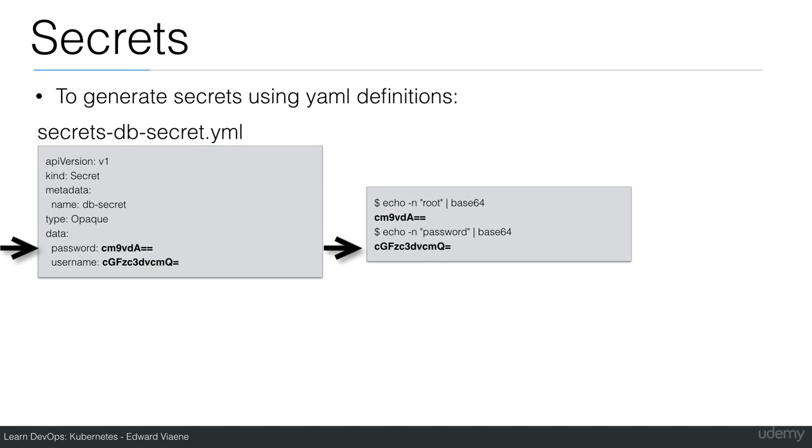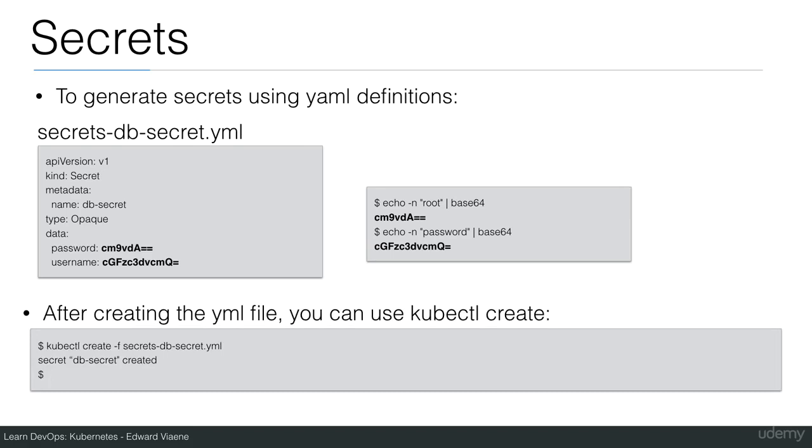So you need a Linux or Mac machine, or you can search online for a base64 generation tool. You say, I have the string root, or you have the string password, and you generate a base64 string for that. Then you use that in your YAML file. After creating the YAML file, you can just use kubectl to create the database secret.